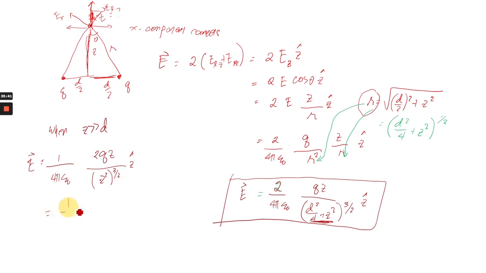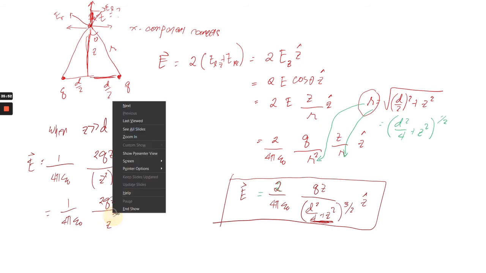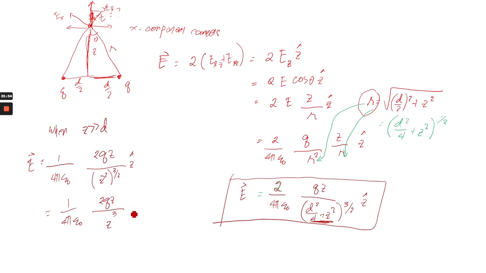So this becomes 1 over 4 pi epsilon naught 2qz over the denominator, z squared to the 3 halves, which becomes z cubed. Or it's just z hat: 1 over 4 pi epsilon naught 2q over z squared z hat.